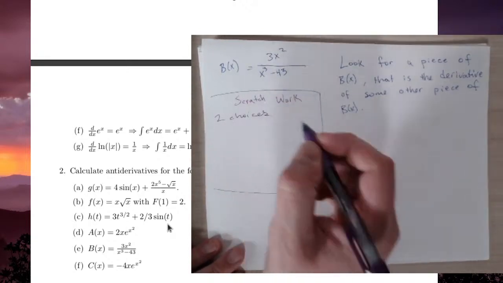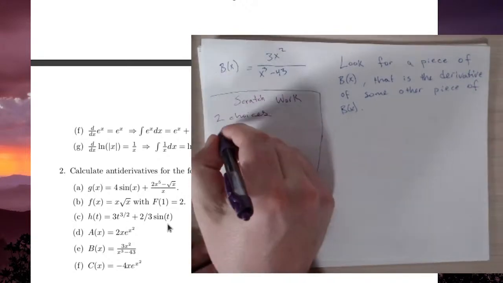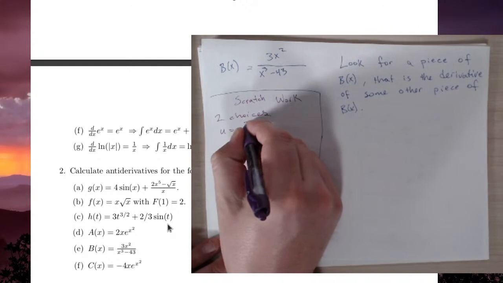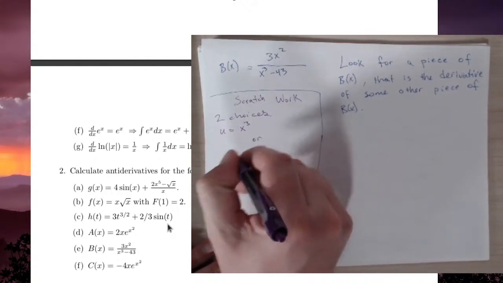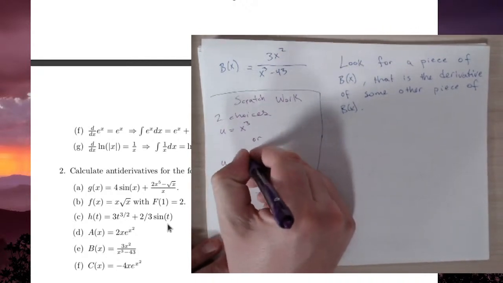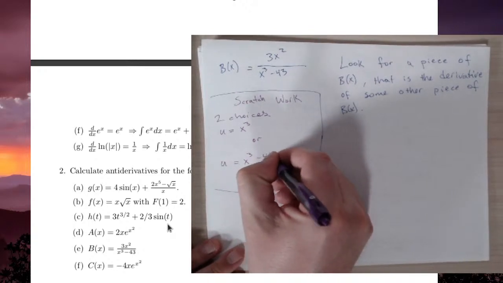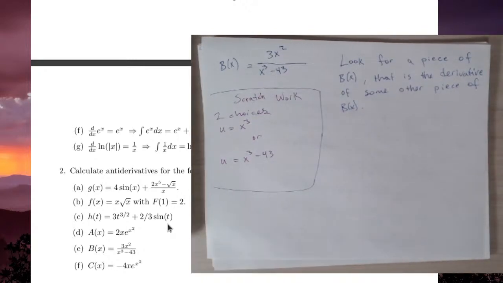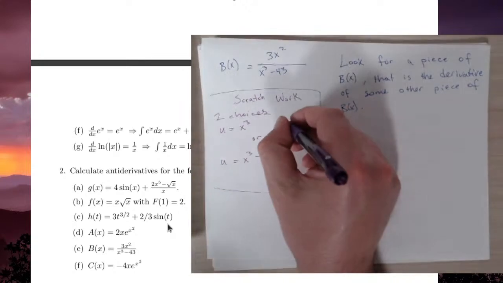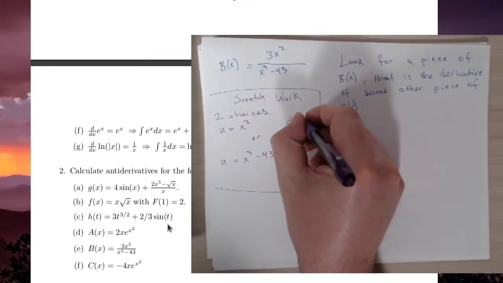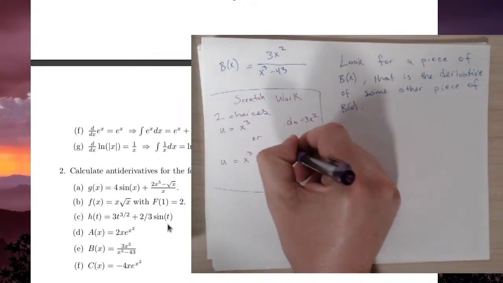We could either let u equal x cubed, or we could let u equal x cubed minus 43. Because in either case, du is going to be 3x squared either way.